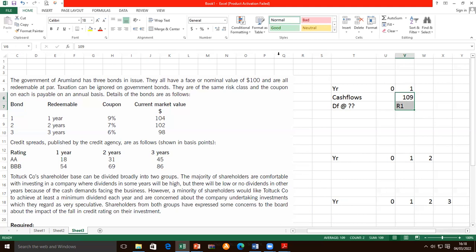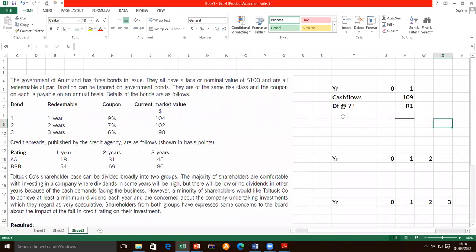Let's try to simplify the approach. So we don't know what it is, but once we discount, what are you supposed to get? What's the present value? 104, isn't it? What of here?